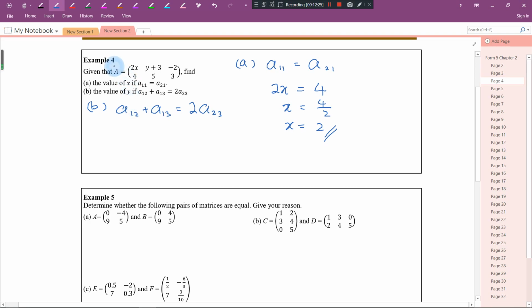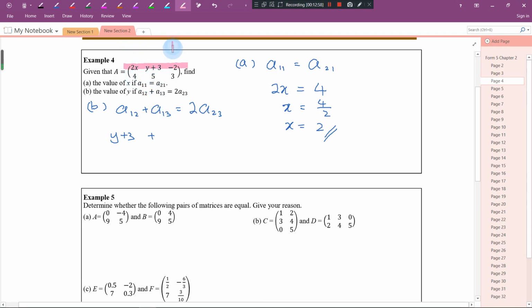A12 means first row, second column, which is y plus 3. Plus A13. 1, 3 means the 1 tells you first row, the 3 tells you third column.